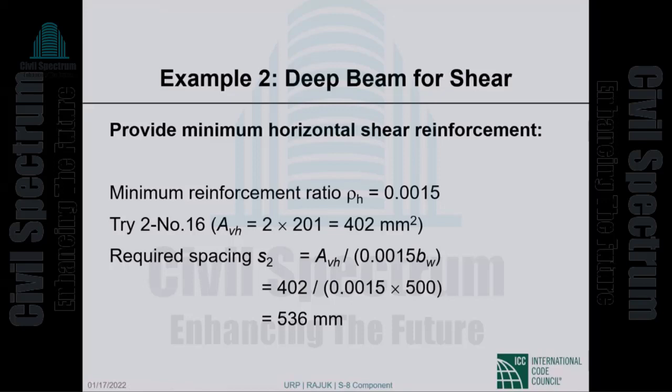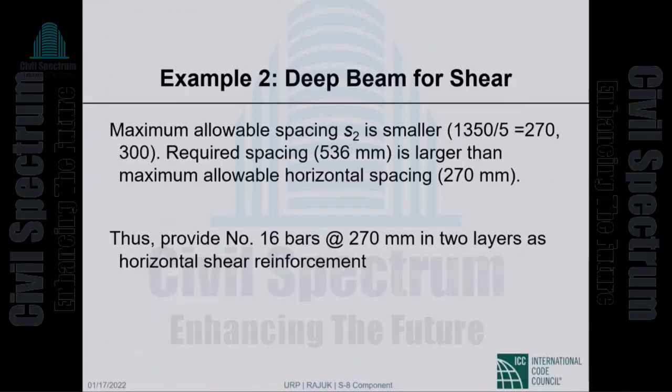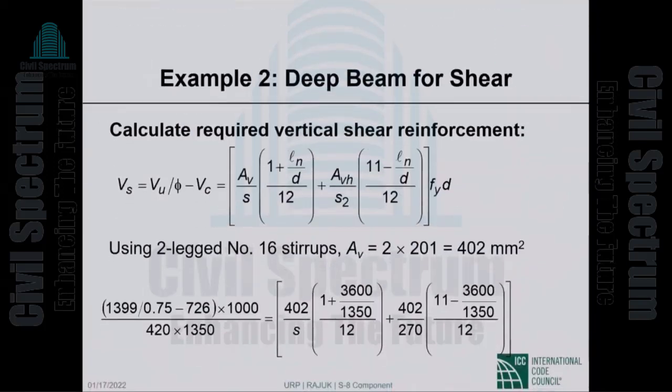That is too much. The maximum allowable spacing is d/5, which is 270, or 300 millimeters. So it is actually 270 that governs. As far as horizontal reinforcement goes, we will provide two number 16 at 270 millimeters. That is horizontal shear reinforcement.